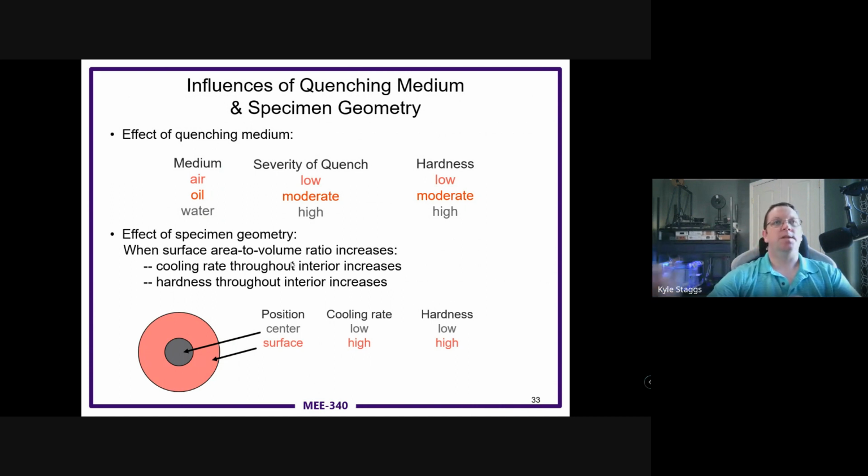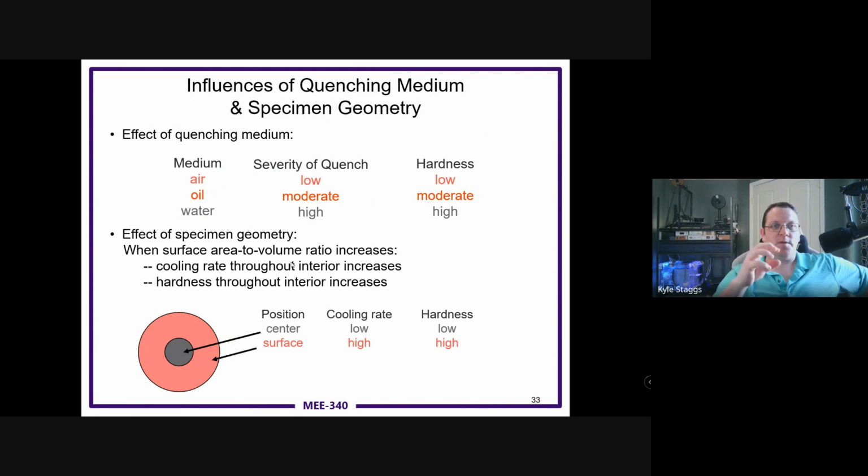Geometry also plays a factor, right? Because not only does the heat have to go somewhere, but the heat has to escape, and it has to actually do something useful. That heat has to do some of the work. And so you have this center that is a lot warmer than the surface.